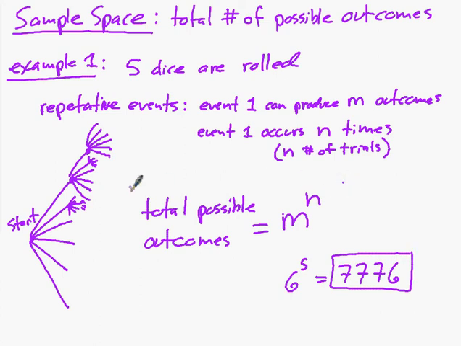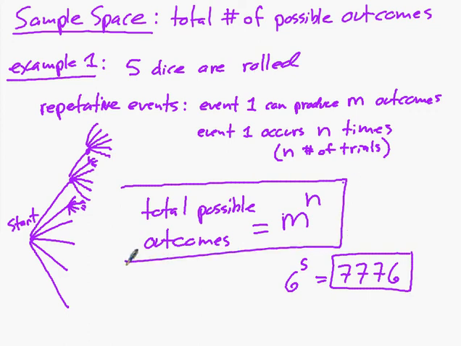And so this is a very useful relationship for repetitive events, fairly simple. It's just the number of outcomes per event raised to the number of trials.